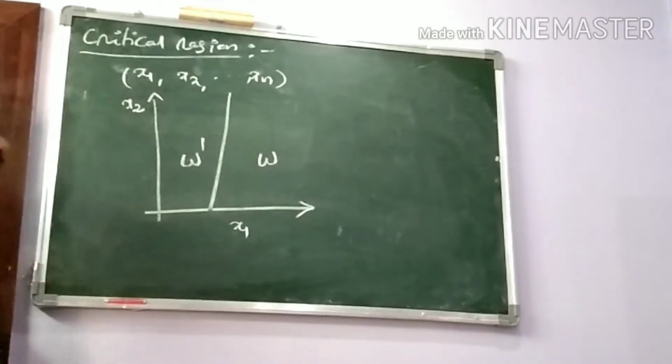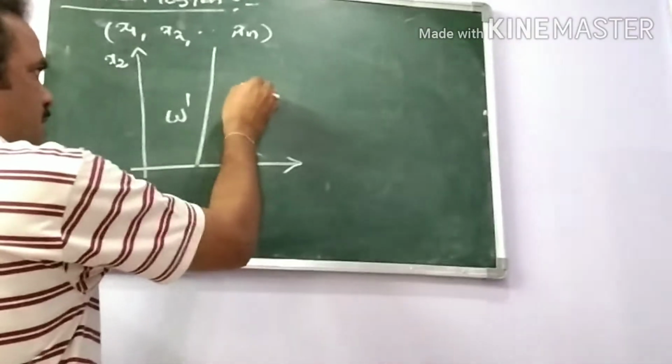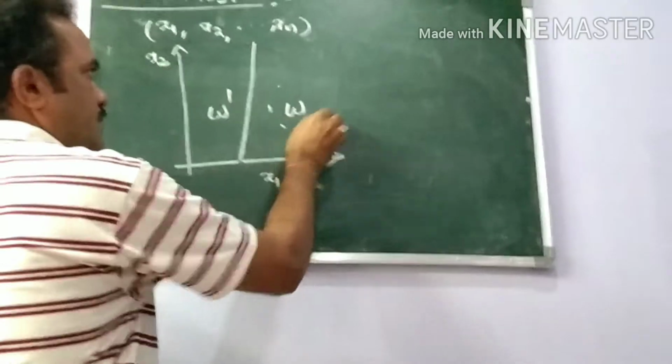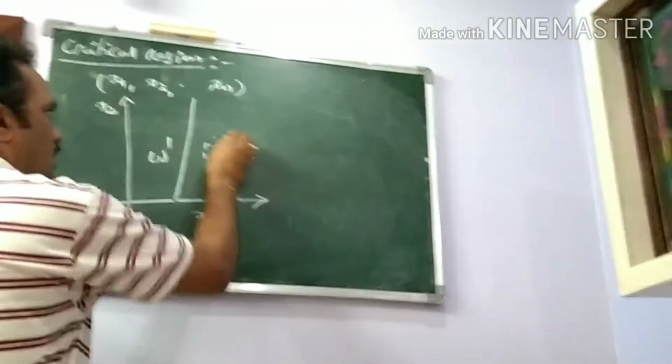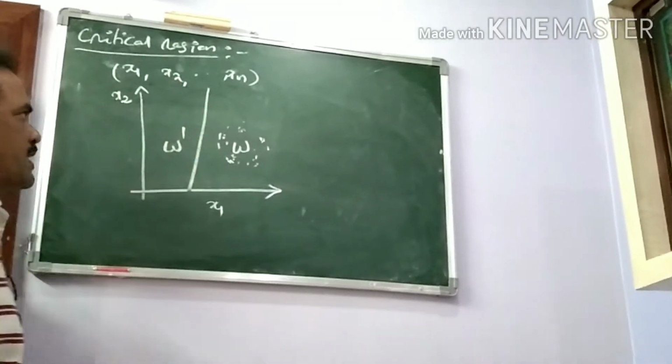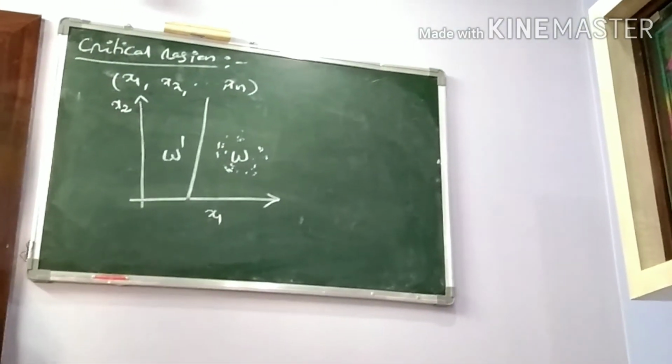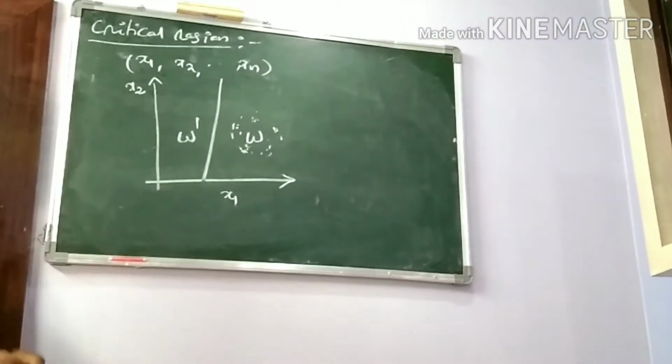Suppose some sample points fall in the region W and some other sample points fall in W dash. So what is the critical region?